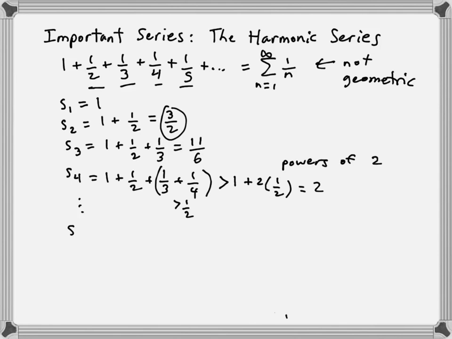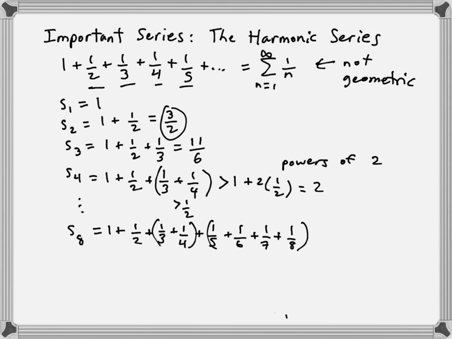Let's jump to S8, the 8th partial sum. Again, we're looking at powers of 2. We have 1 plus a half plus a third plus a fourth plus a fifth plus 1/6 plus 1/7 plus 1/8. I'm going to group these two together, and I'm going to group these two together.